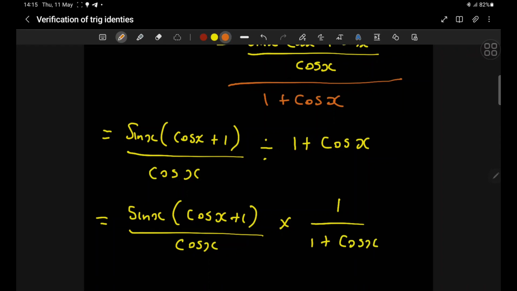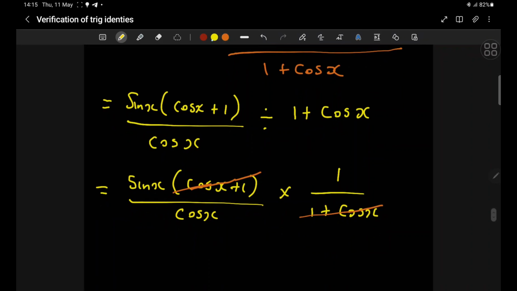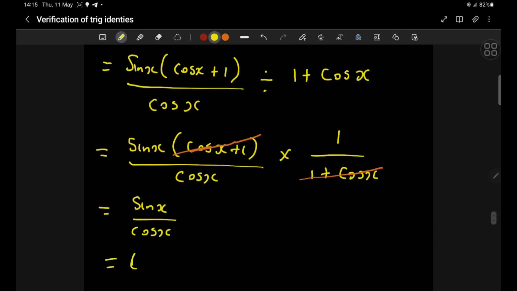Then we can easily see what's identical here. We can divide. Remember, addition is commutative, so 1 plus cos x is the same as cos x plus 1. This leaves us with sine x over cos x, and this is equal to tan x, which is equal to the right hand side, and you're done.